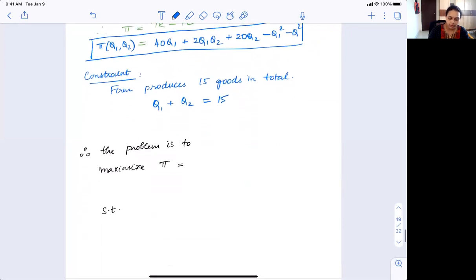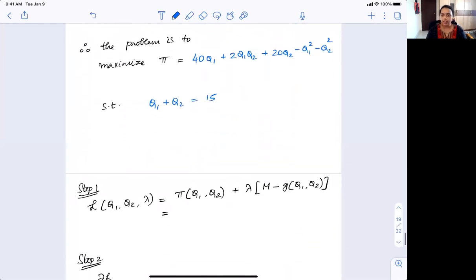So the problem now is to maximize profits of 40 Q1 plus 2 Q1 Q2 plus 20 Q2 minus Q1 square minus Q2 square, subject to the constraint Q1 plus Q2 is equal to 15. So this is what our problem boils down to.